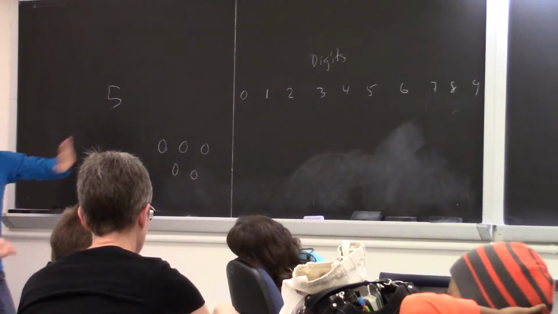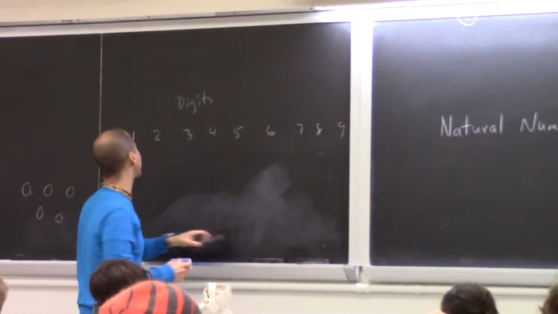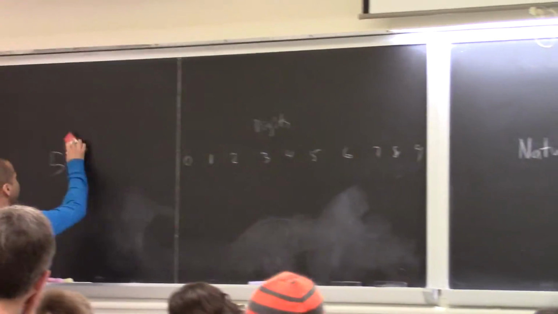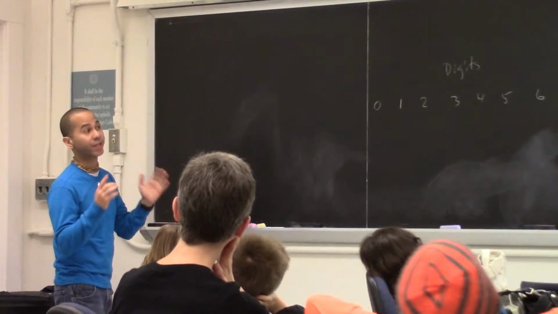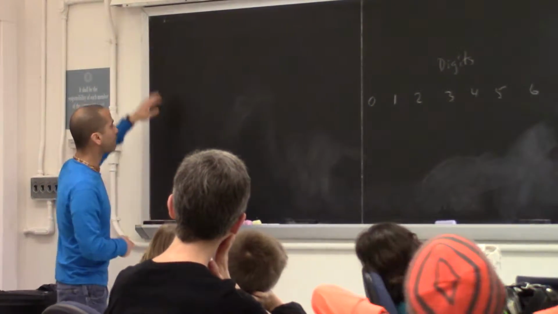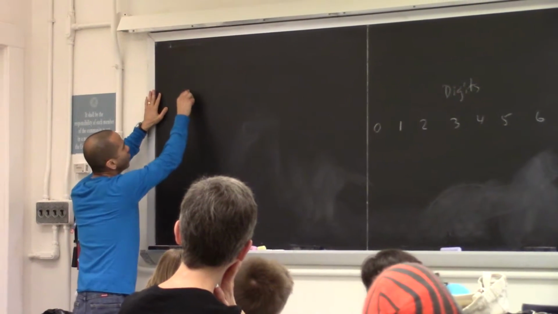The point I'm trying to make is, we have 10 symbols, and with those 10 symbols we create and represent numbers. Those numbers are the natural numbers.